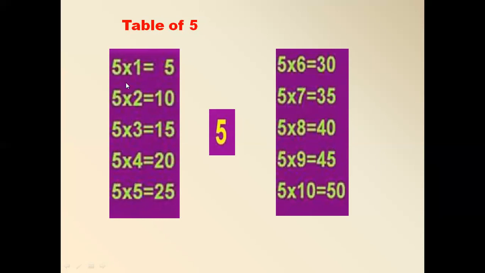Again, read. 5 ones are 5, 5 twos are 10, up to 5 tens are 50. This is a very easy table of 5.